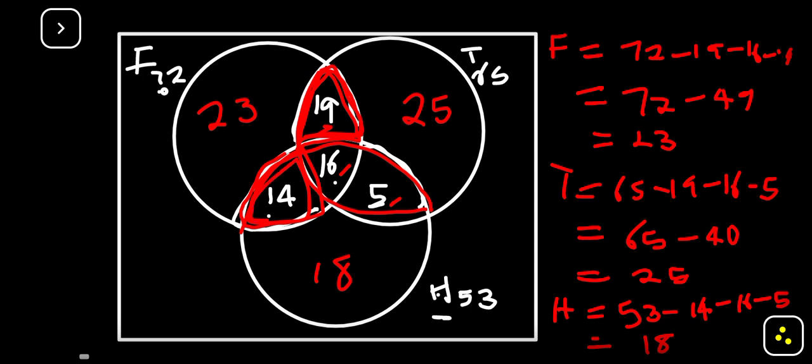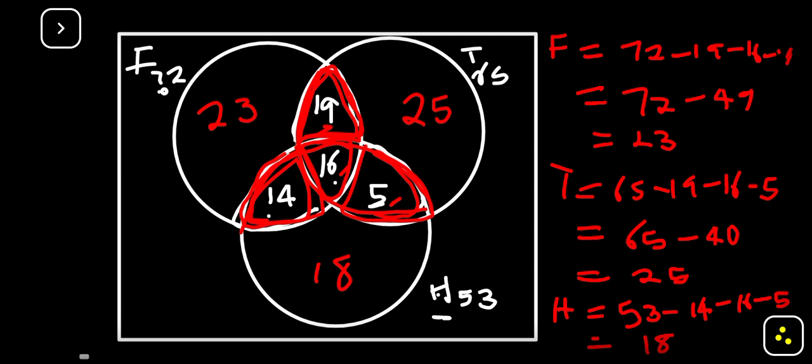For only Trust and Hallmark, we have just 5. And for all three, we have 16. So if we add 14 plus 19 plus 5 plus 16, we'll get the answer for two or more banks. Just understand that the number of customers that banked in only First Bank and Trust Bank is 19 customers. We were able to solve that.